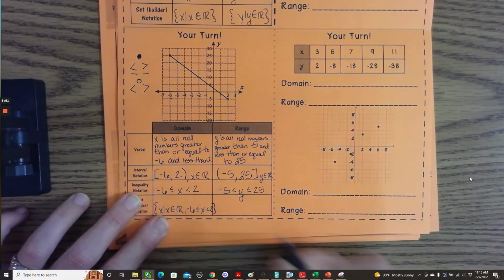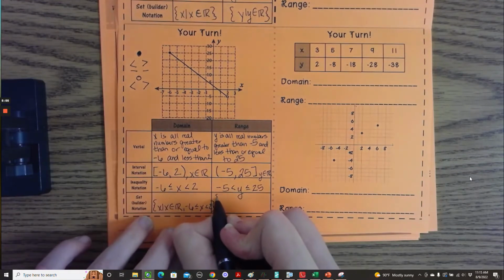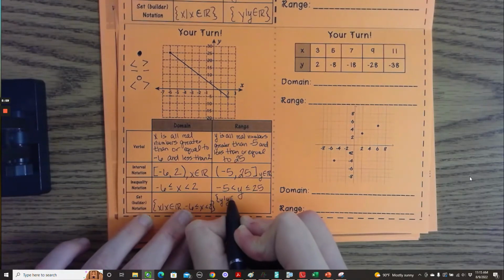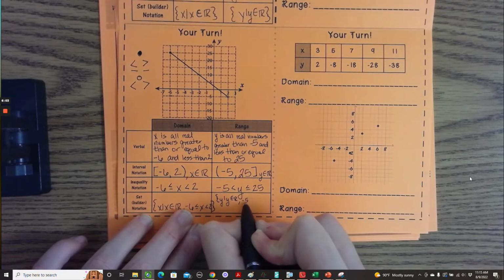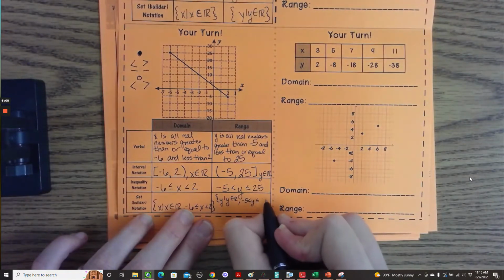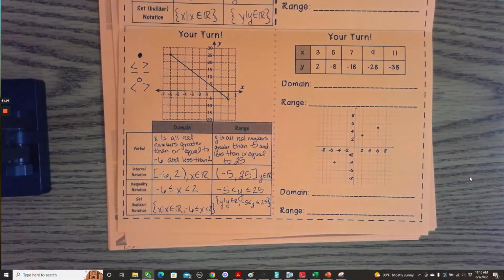Ooh, not much space to write there. Just do your best to get it to fit. And then for the range. So just several different ways that we can write domain and range.